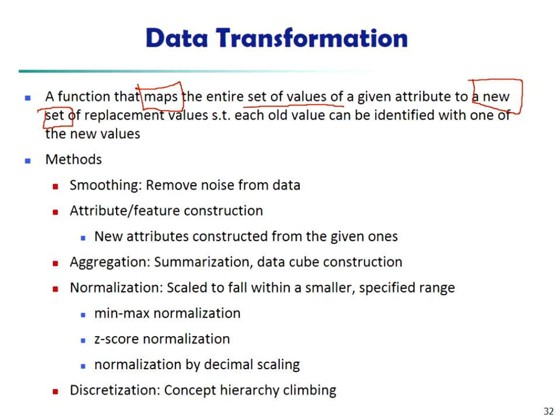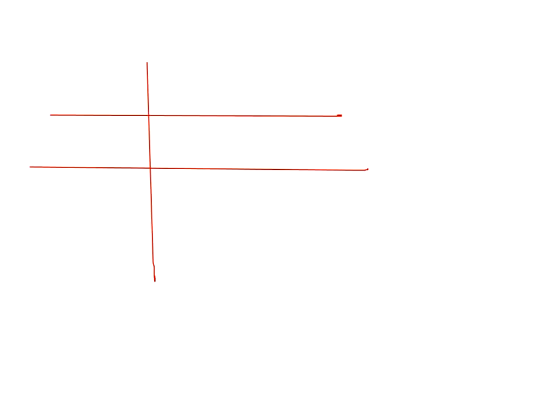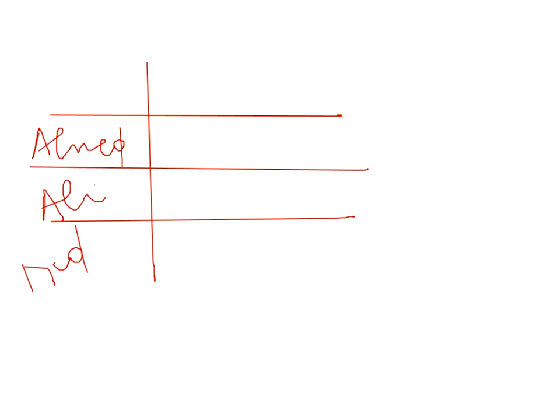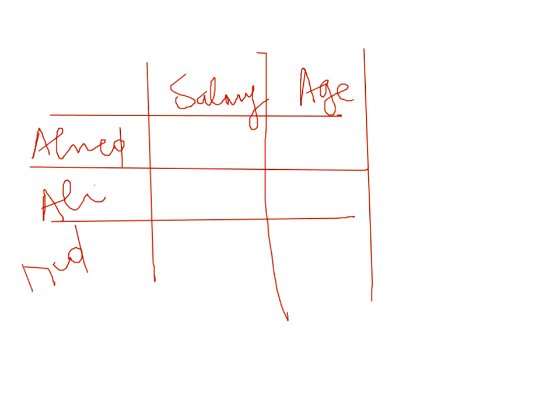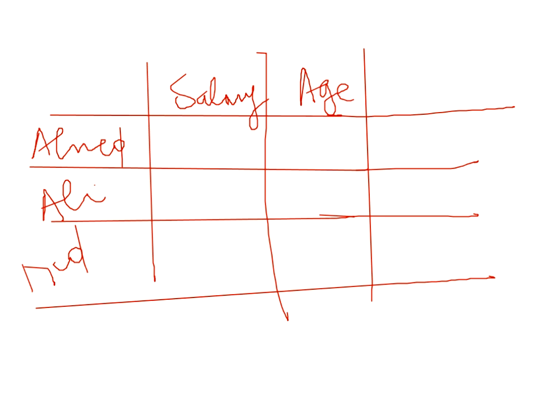So why do we make this data transformation? I will prepare a simple example. For example, we have Ahmed, Ali, and Muhammad, and here salary, age, experience.